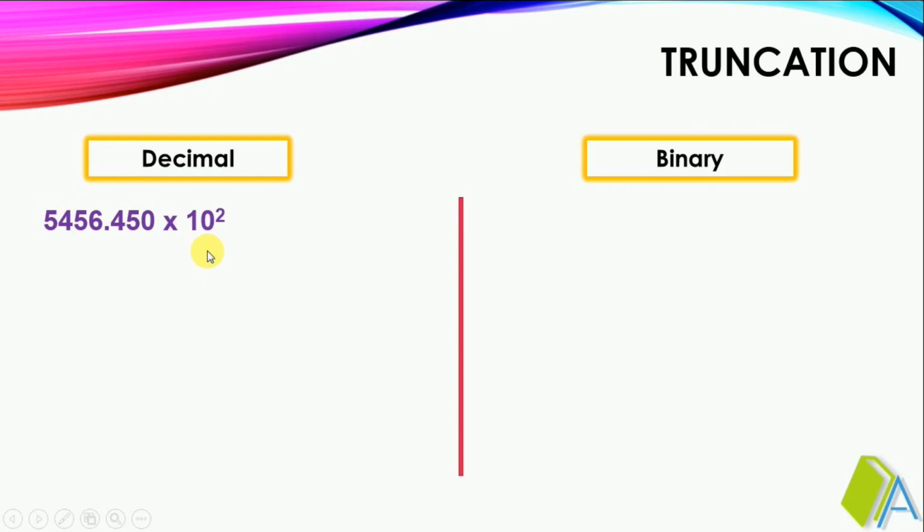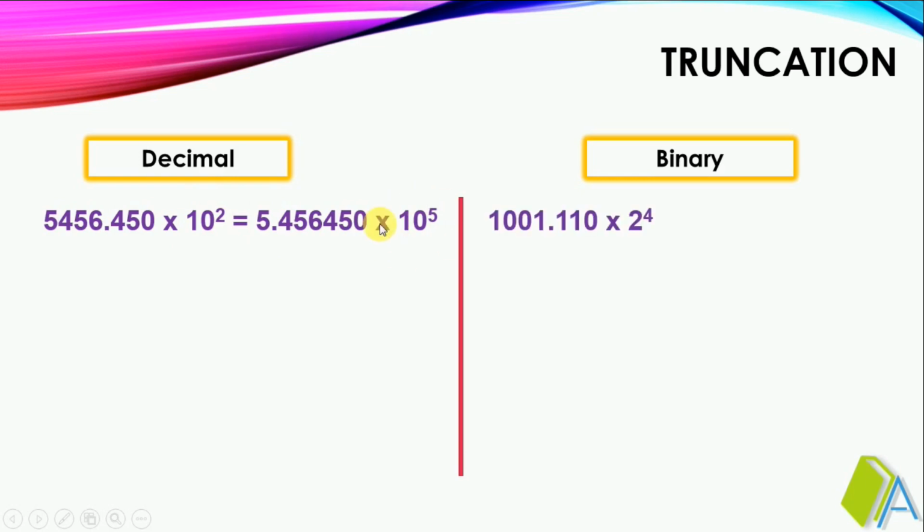You have to remember always, whether it is a decimal number or a binary number, that in order to truncate, you have to represent the given number in normalized format. So this number has to be normalized. You have to shift the decimal point left 3 bits, so you have to increment the exponent by plus 3.